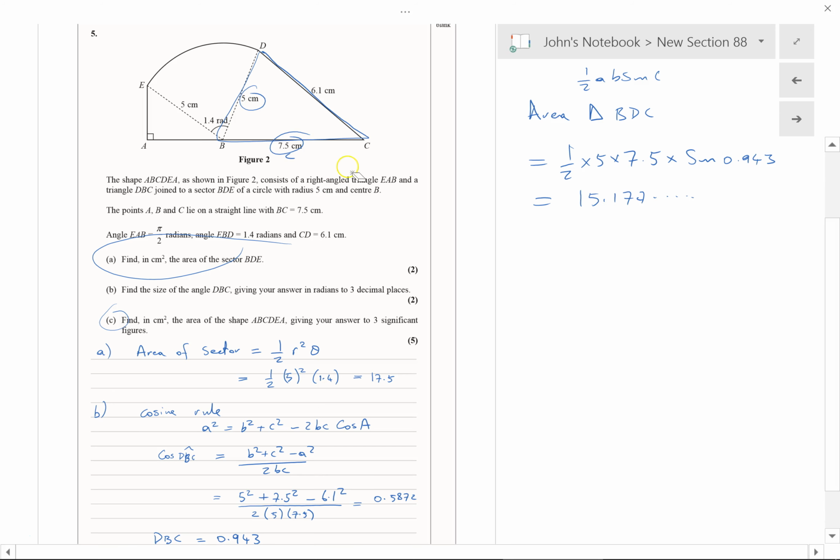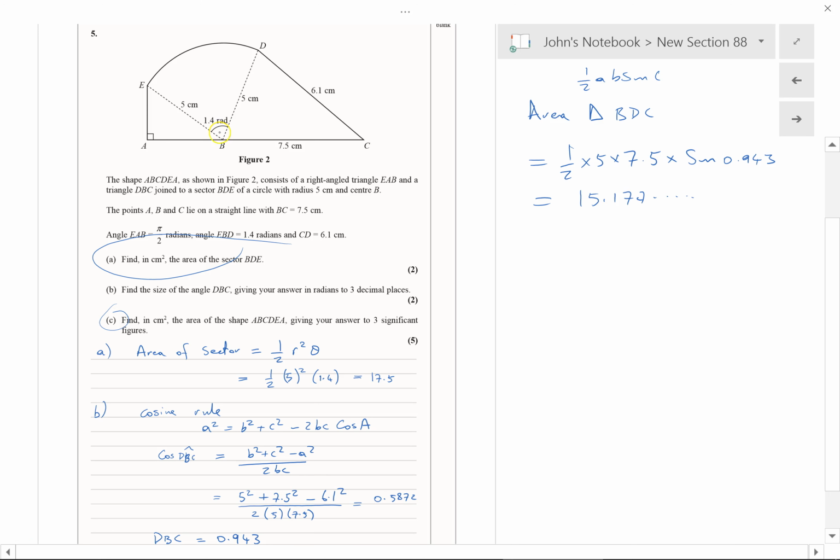So I've got the area of this triangle. Now we need the area of this triangle. It's right angled, which is a good thing, because we can just multiply this length by this length. You might be thinking that's okay, but I don't know either of those lengths.